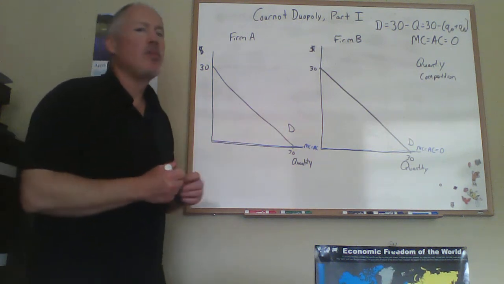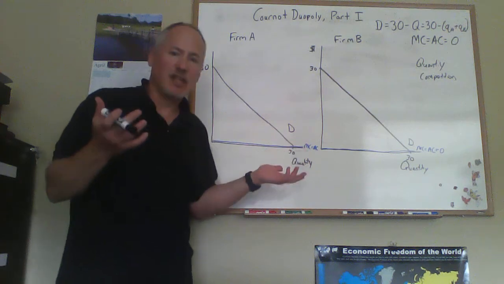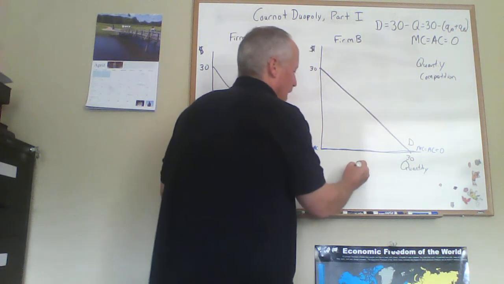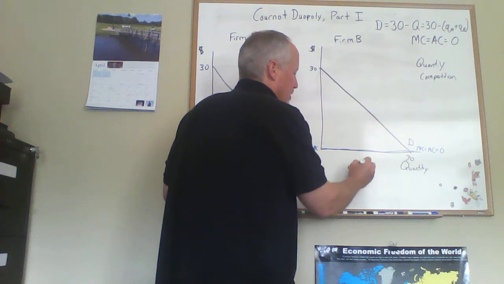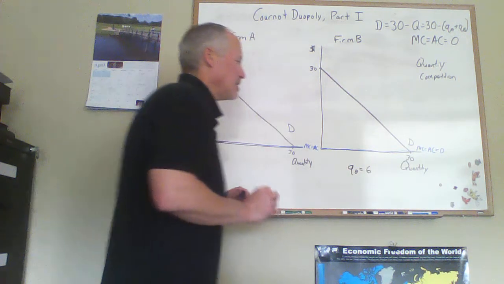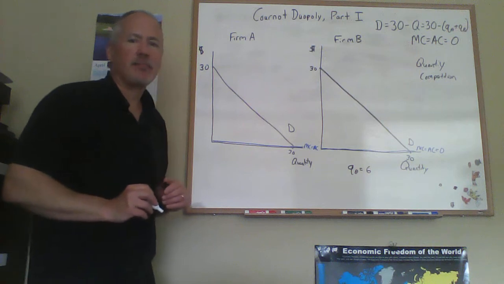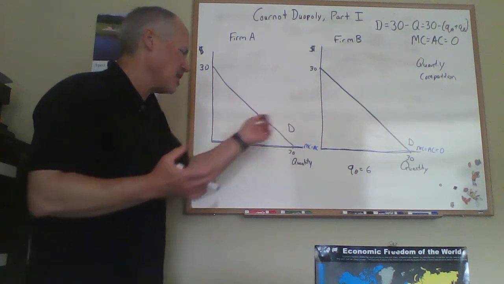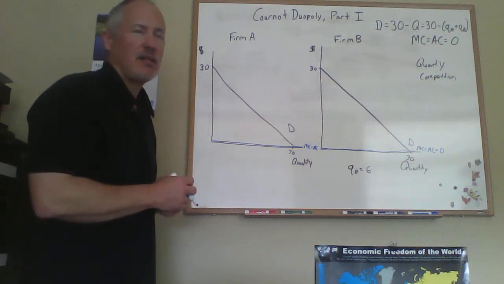Suppose that firm B is going to produce 6 units of the good. If they were a monopolist, they'd be providing 15, but let's say they happen to choose 6.